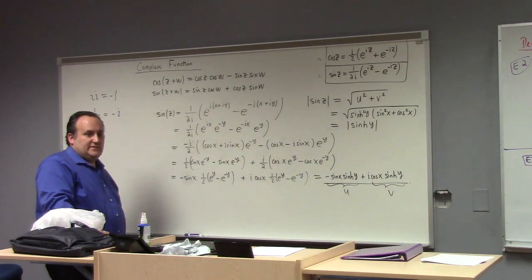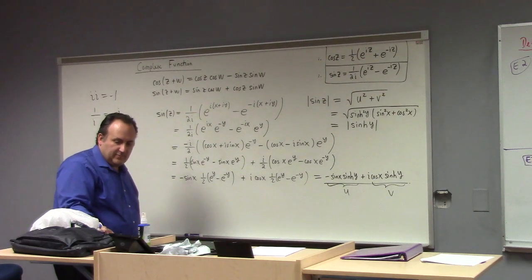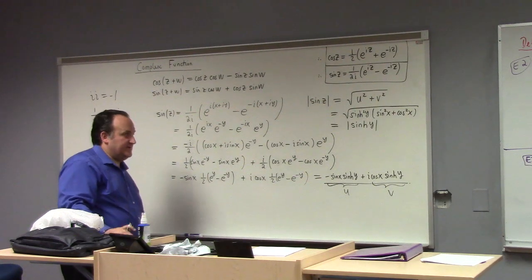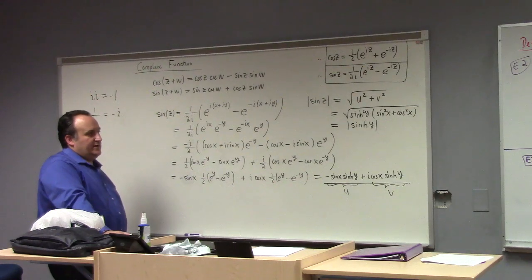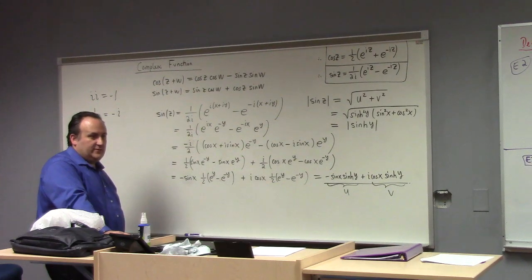When is sine z 0 then? When y is 0. When y is 0 is a good answer, right? Because the only way sinh y can be 0 is for y to be equal to 0. Sinh is a one-to-one function, and its only zero is 0. So that's right. Sine of z can only be 0 when the imaginary part of z is 0.